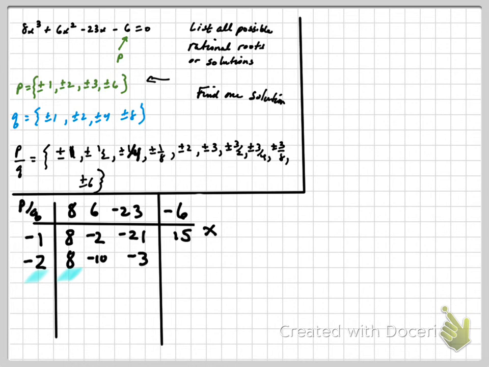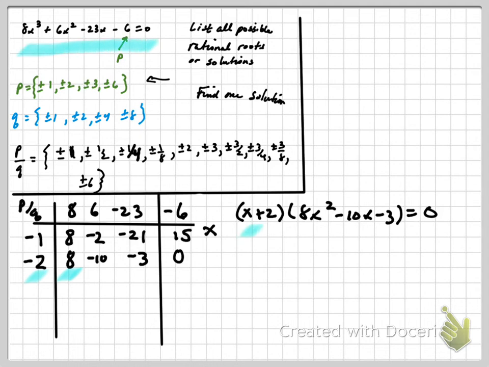And -2 times the -3 is a 6, and I get a 0. So what does this mean in the big scheme of things? It means that x plus 2 times 8x squared minus 10x minus 3 is equal to 0 is our factors that we have so far. That's going to be this version up here that I've rewritten in its factored form with the depressed polynomial.